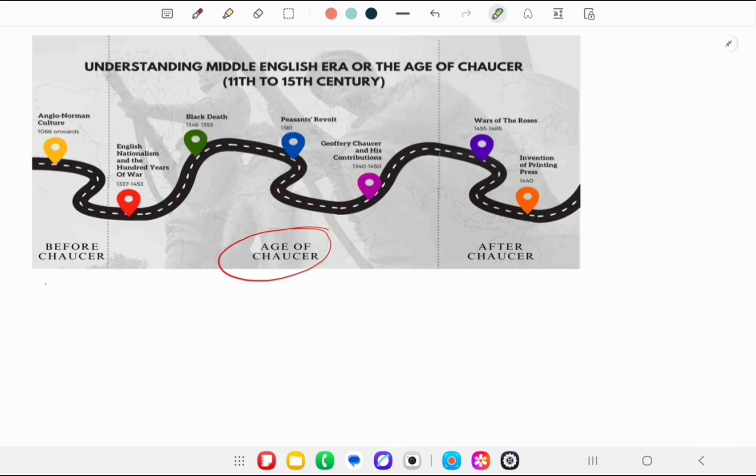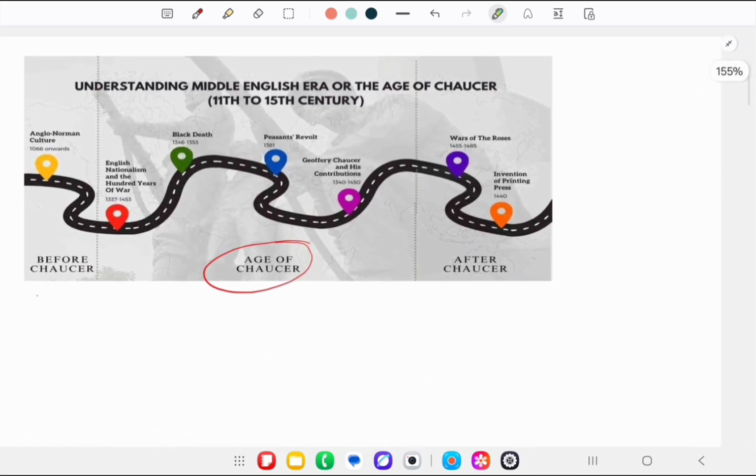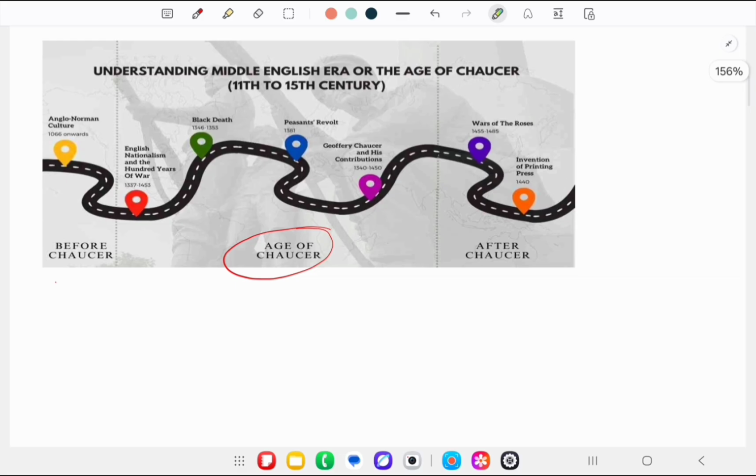We can see here the picture of understanding the Middle English era, or the age of Chaucer, 11th century to 15th century. So we will discuss all these periods one by one in this lecture.